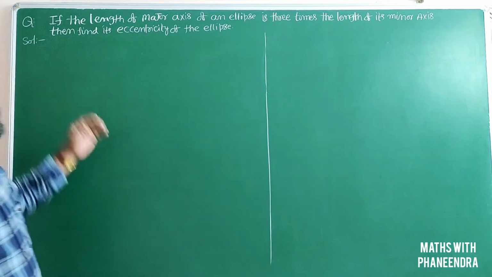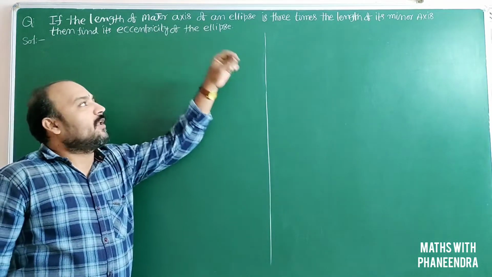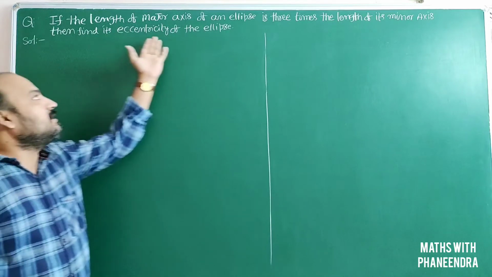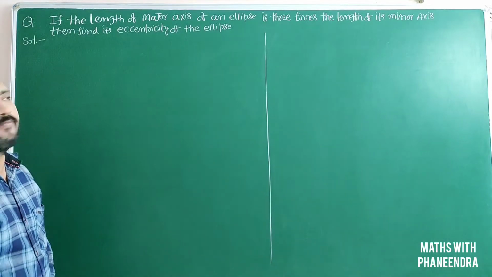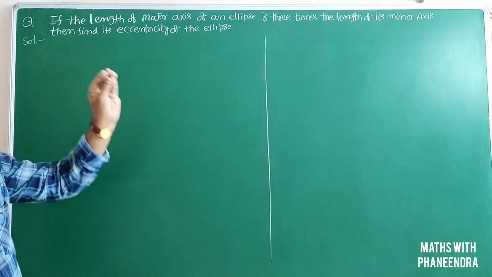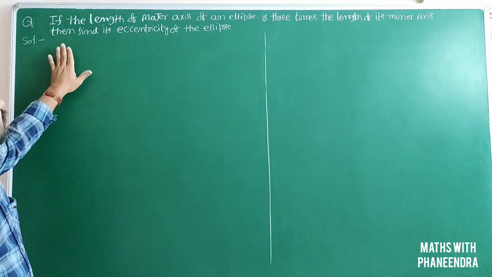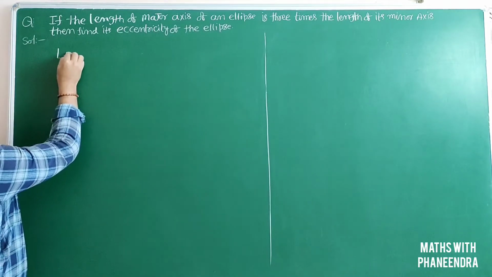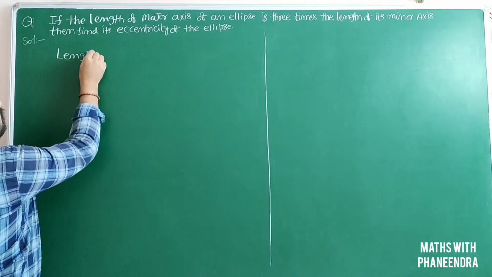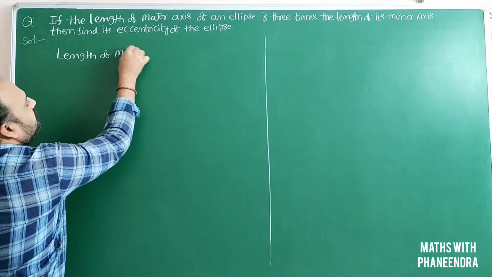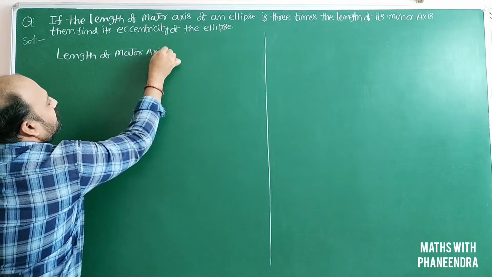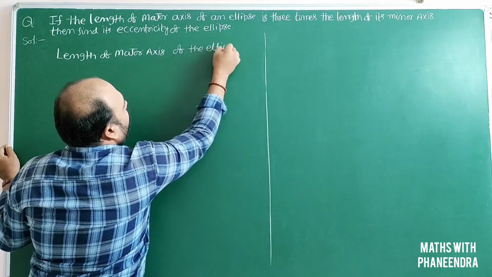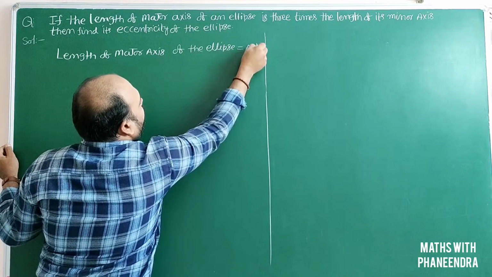The next question. If the length of the major axis of an ellipse is 3 times the length of its minor axis, then find the eccentricity of the ellipse. Length of major axis, length of minor axis, condition is given and they are asking to calculate eccentricity. First step, length of major axis of the ellipse, that is a dash.